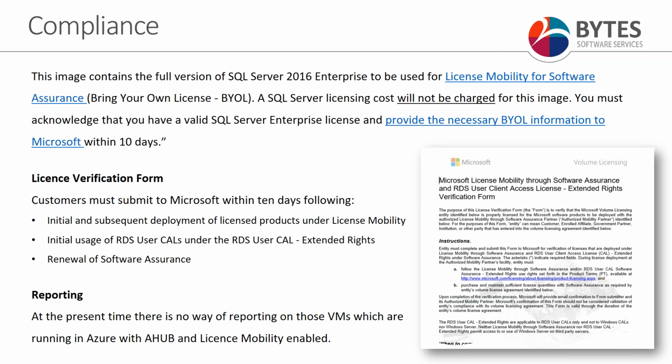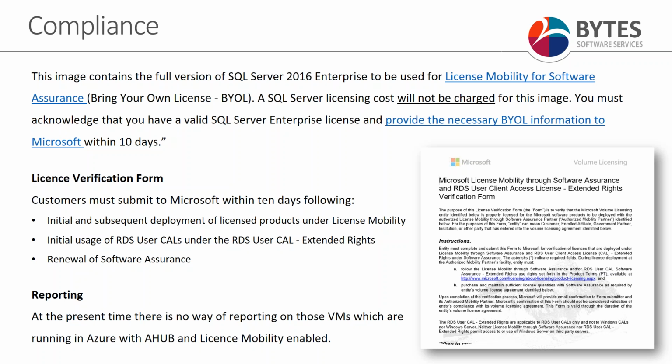So when you provision a BYOL image, you have to accept the following terms. This image contains the full version of SQL Server 2016 Enterprise to be used for license mobility for software assurance, so bring your own license or BYOL. SQL Server licensing cost will not be charged for this image.